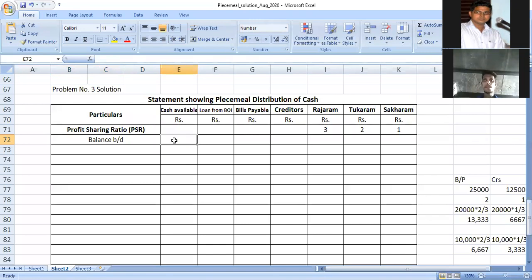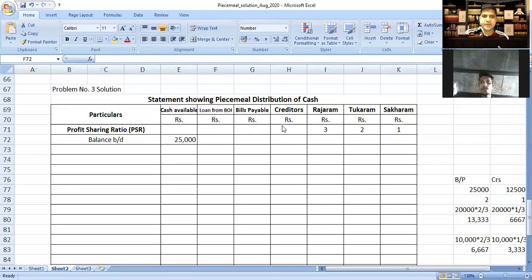That 25,000 amount we will record as cash available. Then on the liability side, loan from Bank of India, 45,000, we recorded.